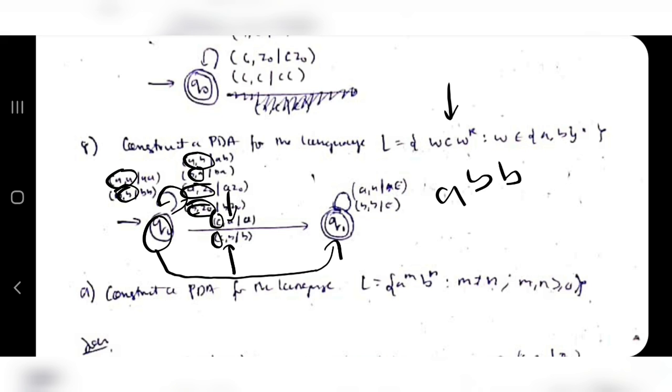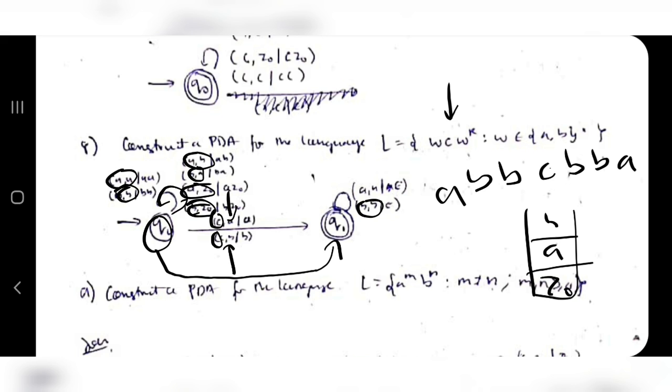After that, here I should check the palindrome, right? So the palindrome will be accepted only when it's a string of this type. In this case, in the stack what will be there? This is Z0, A, B, B. Now if it is a palindrome, at that time if the input is B and the top of the stack is B, it is accepted.